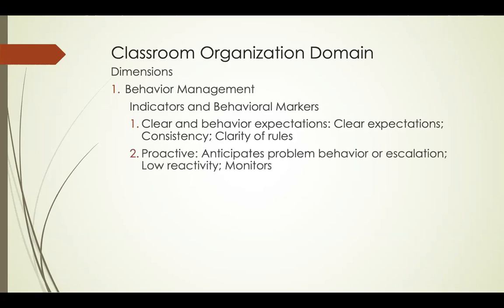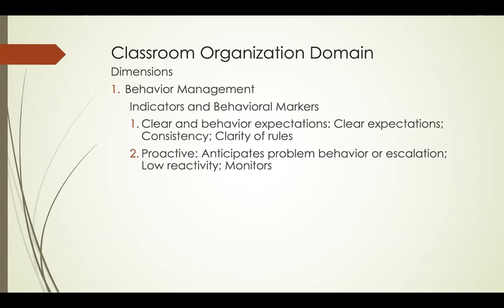Second one is that the teacher is being proactive. So, before we talked about addressing the problems, and here we are anticipating it and keeping it from escalating. And key is that the teacher is being low in their reaction. And even when something is frustrating, we're keeping that even keel attitude towards things.